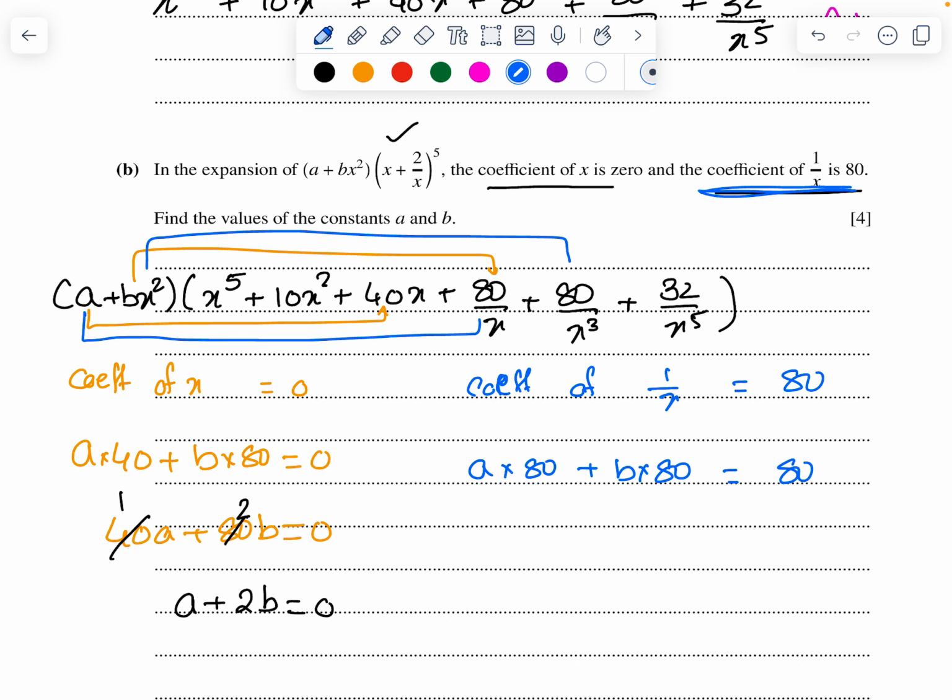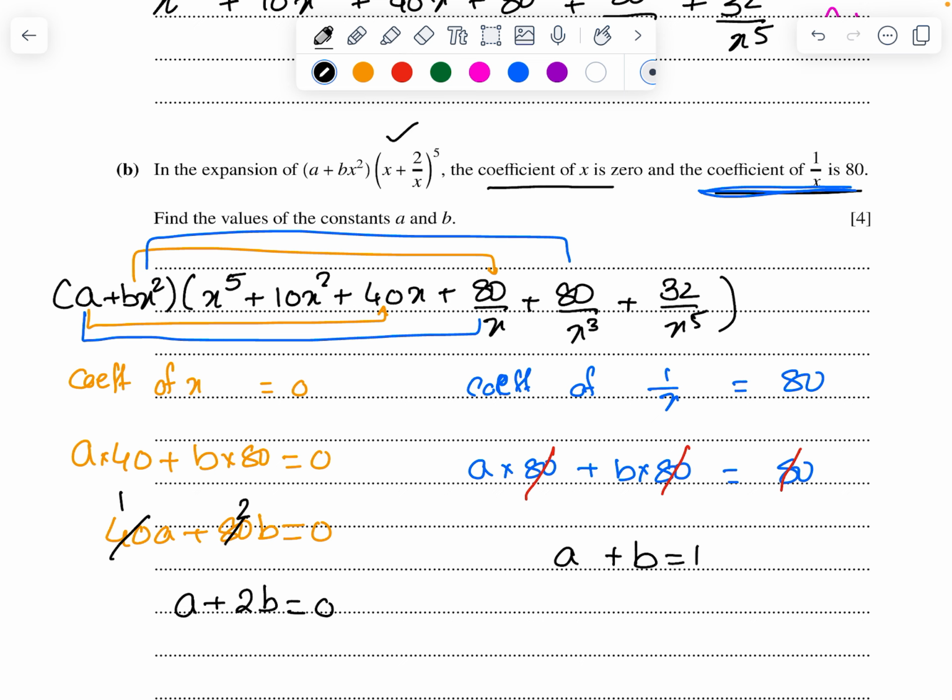So when I divide by 80, then I'll get a plus b equals to 1. So I got two equations.